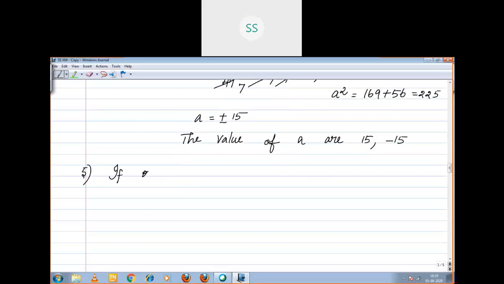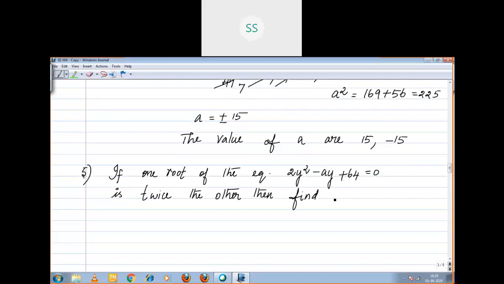If one root of the equation 2y square minus ay plus 64 equal to 0 is twice the other root, then find the values of a.